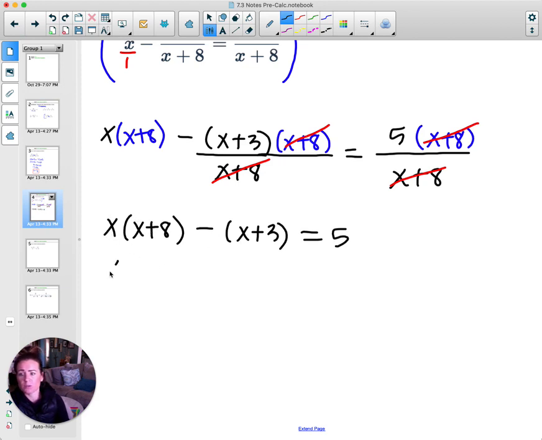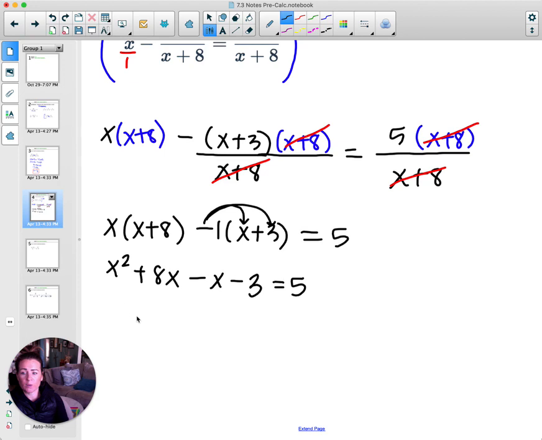We're going to distribute the x in, so we'll get x squared plus 8x. Don't forget that there's a -1 here, so I left the parentheses because this minus needs to get distributed in. We distribute that -1 into both of these, so we'll get -x minus 3, and then equals 5.